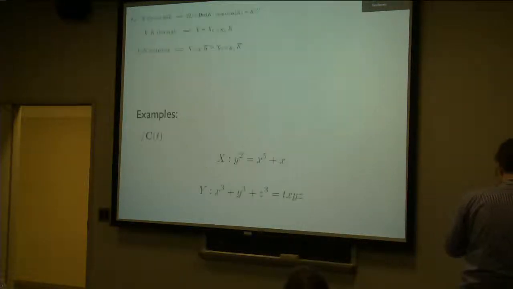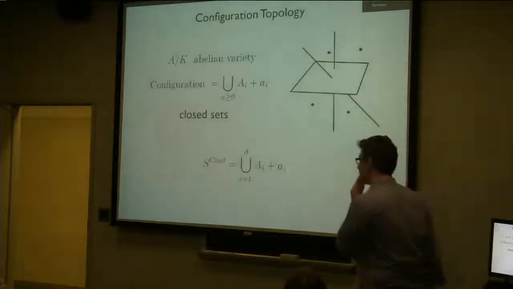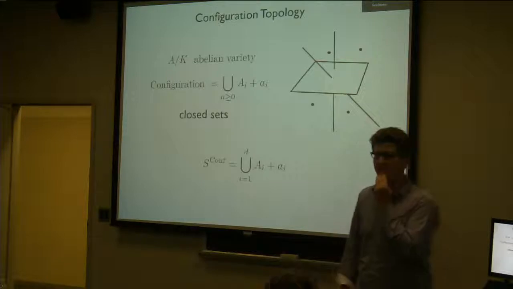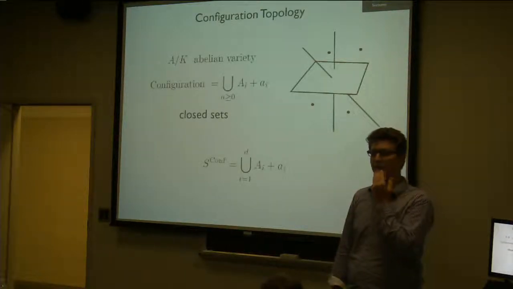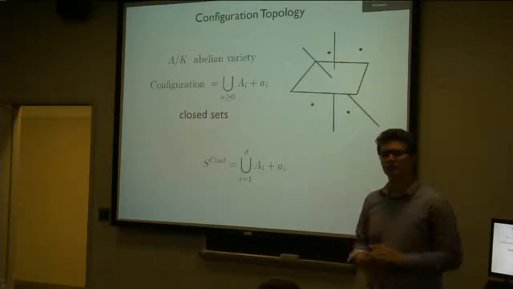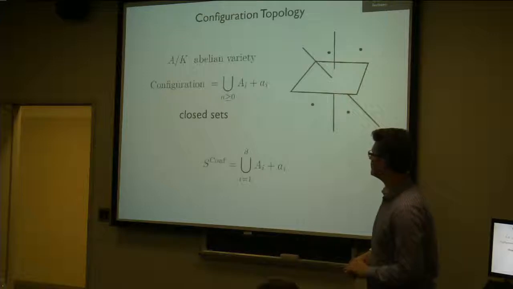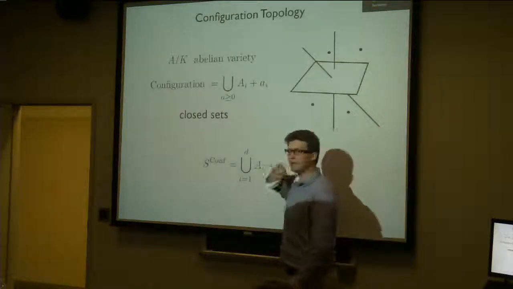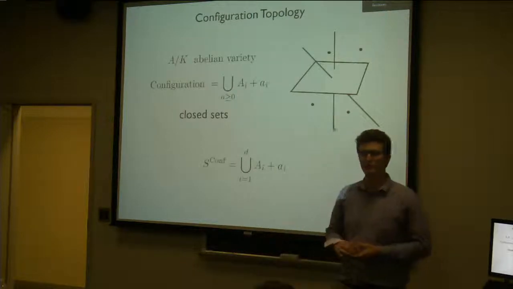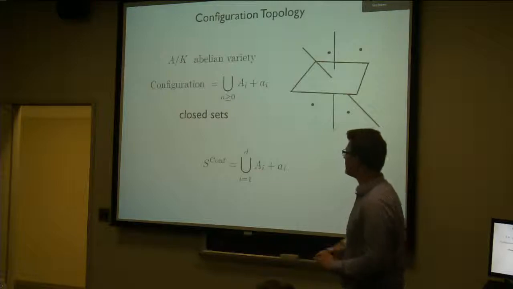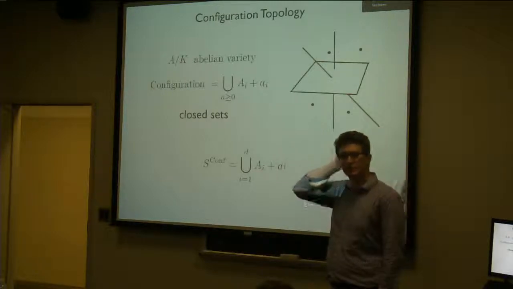Okay, I'm going to do something that Barry Mazur does to talk about this problem, and I'm going to introduce a topology called the configuration topology. If you take an abelian variety, this actually works in general for groups. You can define a configuration to be a finite union of translates of abelian subvarieties, and you take these to be a basis of closed sets for a topology.